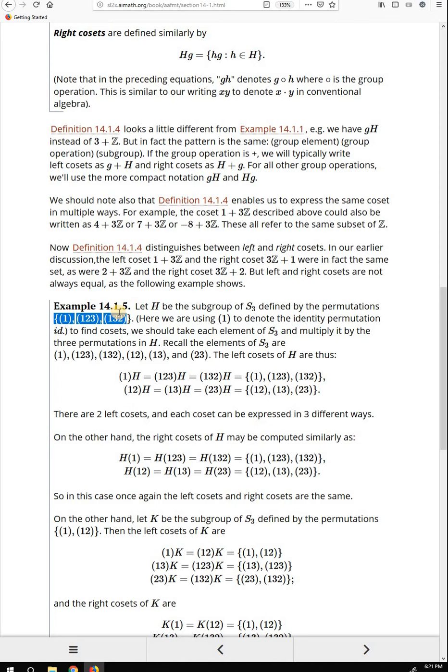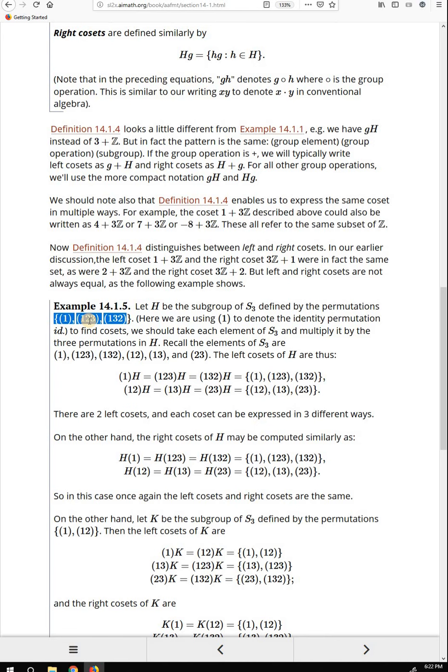All right. So let's see what happens when I do that. What it says here is, if I multiply every rotation in this set by another rotation, then I'll always get the same set of rotations. For instance, if I take 1, 2, 3 times H, this notation means I take 1, 2, 3 times every element of H. So I get 1, 2, 3 here, and then I get 1, 2, 3 times 1, 2, 3.